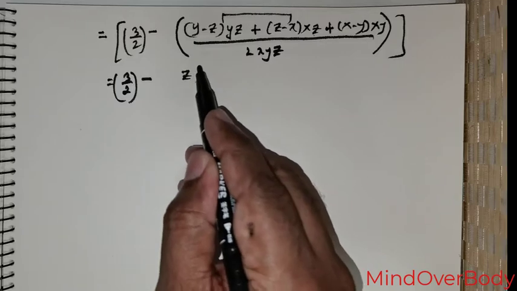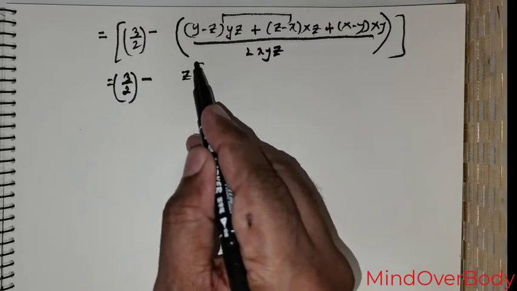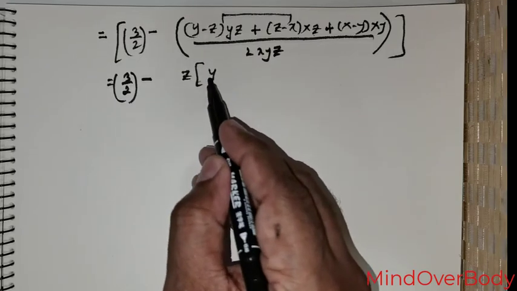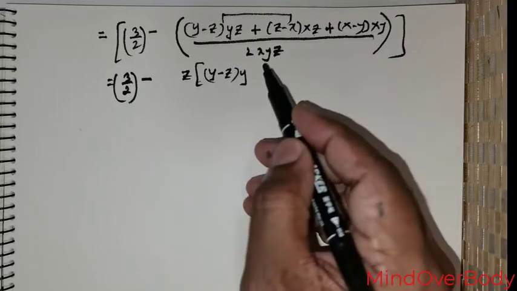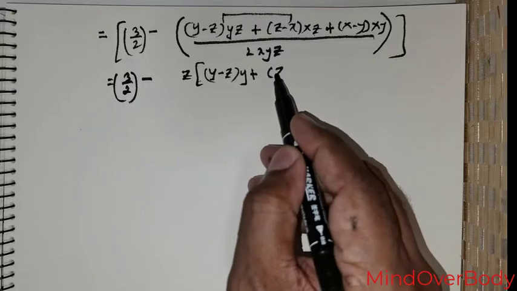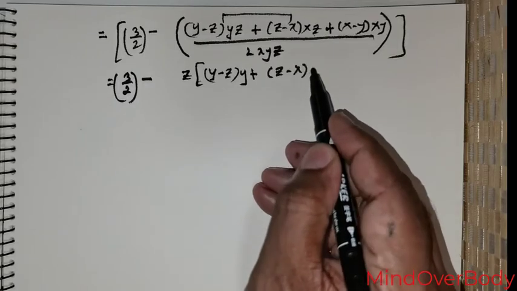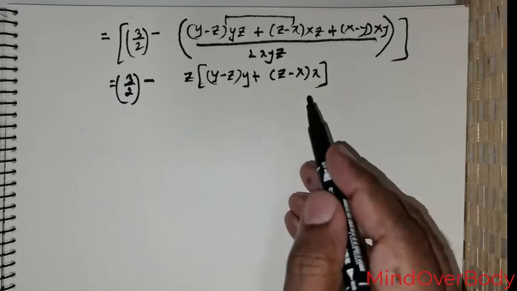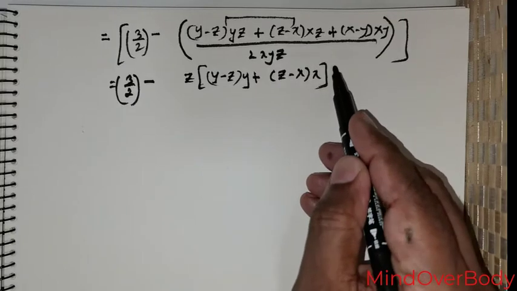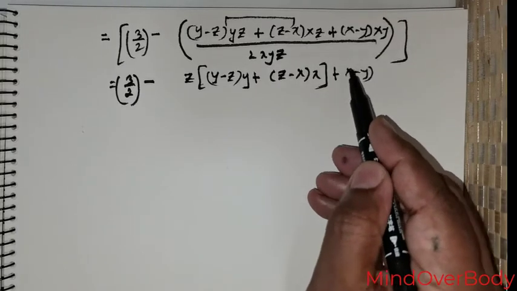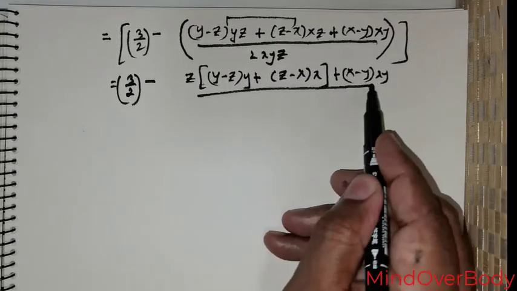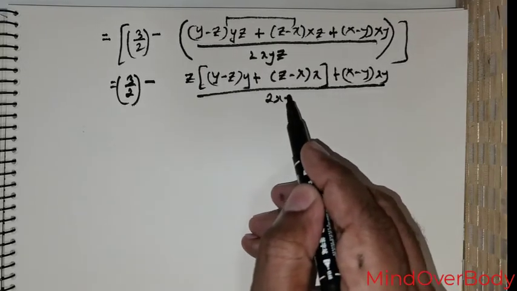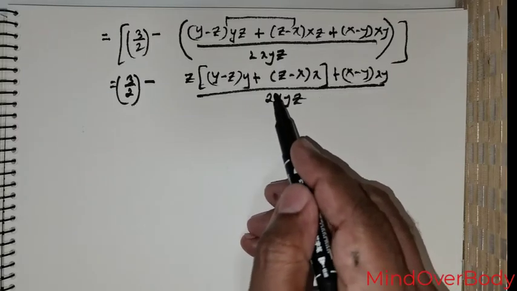Now if I were to take a z out, then the first term would give me y negative z times y, positive z negative x times x. This is the term that I'm getting, followed by x negative y times xy. So that is divided by 2 times xy into z.